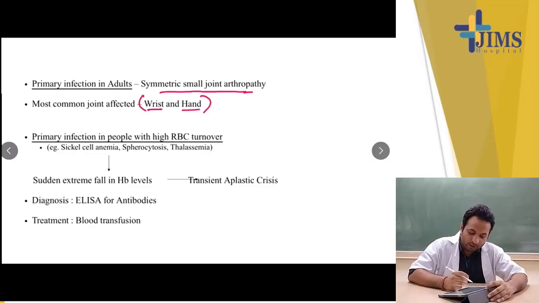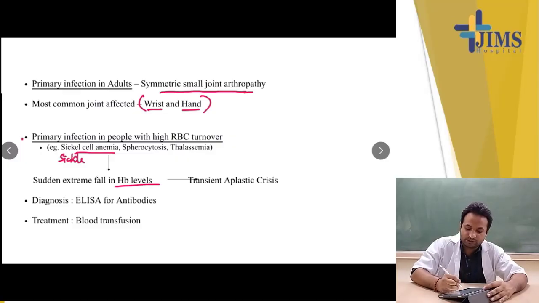Now, primary infection in people with high RBC turnover. High RBC turnover patients are those who have sickle cell anemia, spherocytosis, and thalassemia. In all these patients, the hemoglobin level is going to fall extremely, which will result in transient aplastic crisis.